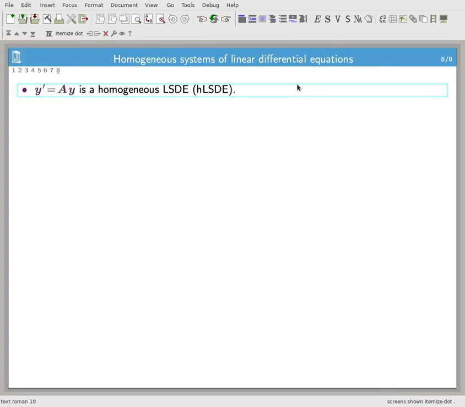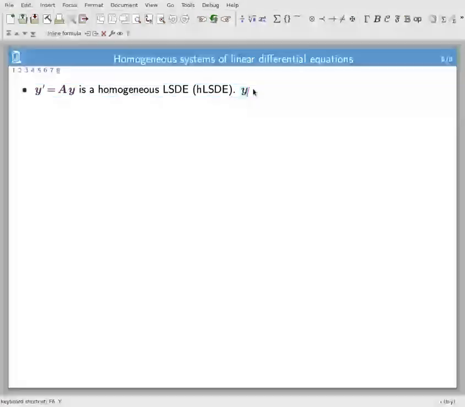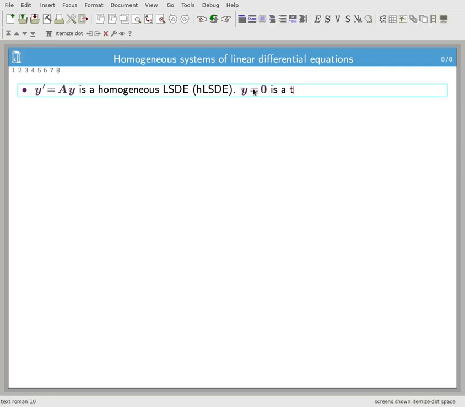Now clearly one solution is obvious. If we have y equals 0, then the equation is satisfied. Of course, this trivial solution is not of interest. Y equals the vector 0 is a trivial solution, and we are going to be interested actually in solutions that are non-zero.